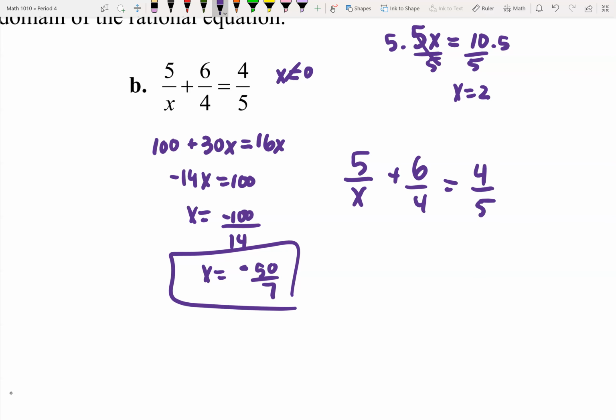Watch me do this. Multiply by 5x, 5x, 5x. I'm saying the 5 over x has an x, so I would just multiply it by 20. No. You're not trying to do that. You multiply everything by the same thing.